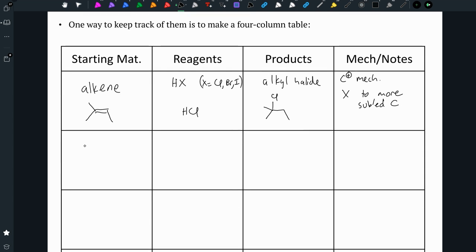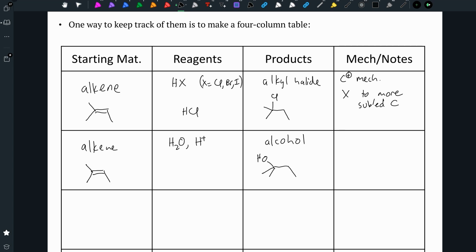Another reaction of alkenes that we learned was the reaction with H2O with an acid catalyst. That made an alcohol. Again, for an example, I could use this alkene, and if I did this process, I would make the alcohol on the more substituted carbon.